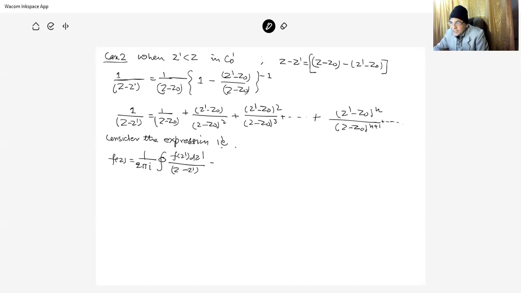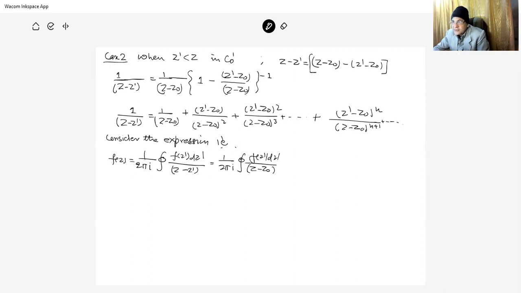As in the earlier case, 1 upon 2 pi i integral of f of z dash dz dash, with 1 upon z minus z dash equal to this expression.